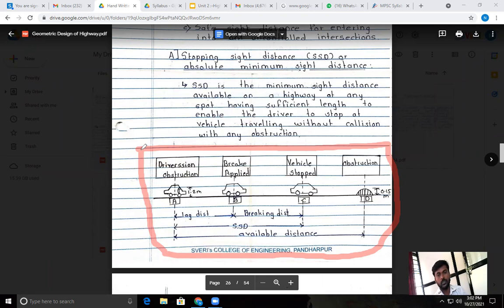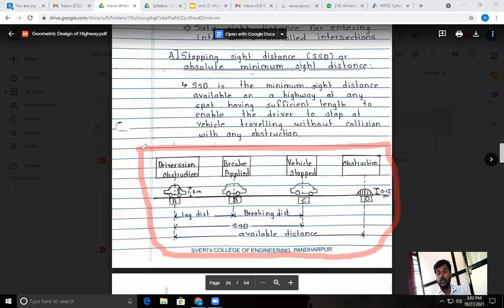Okay. Then the vehicle comes to position C. So the vehicle gets stopped at position C without collision with the obstruction. Okay, understood by this figure.